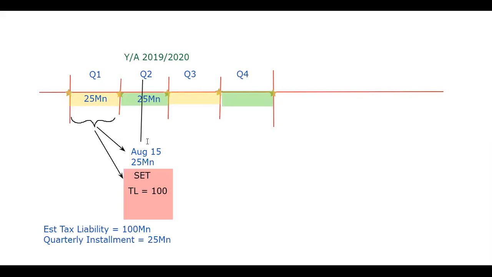The first quarter you paid, the second quarter you paid, then you are on the third quarter. Then August 15, November 15, and February 15 is the next one. But on February 1st, they realized that their turnover is going to decrease significantly, even in March they don't have any turnover.